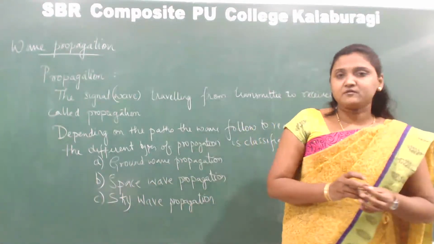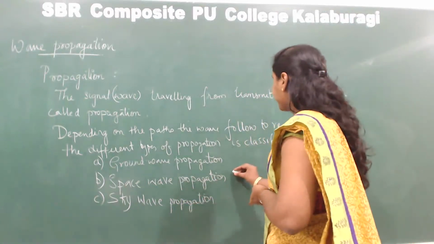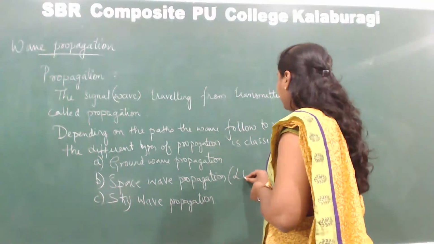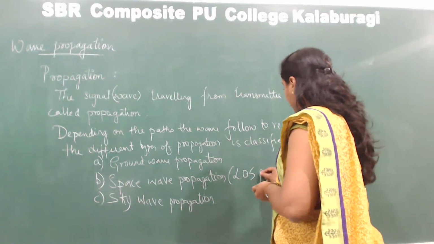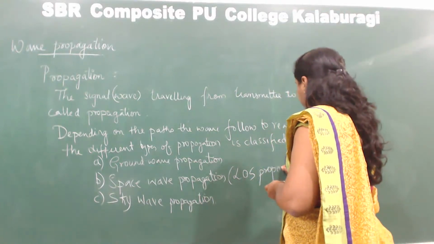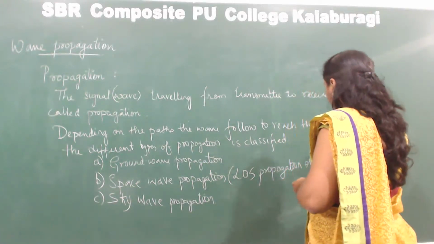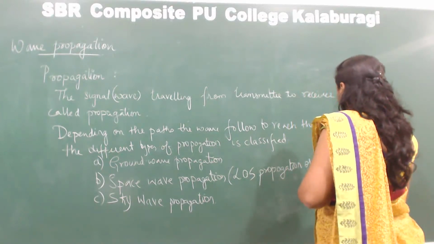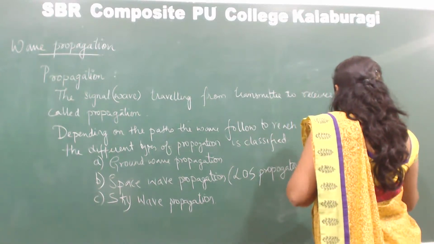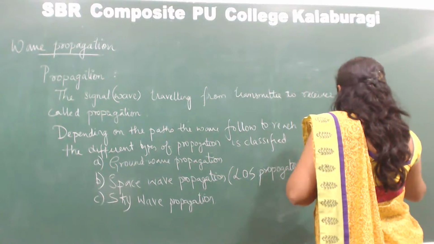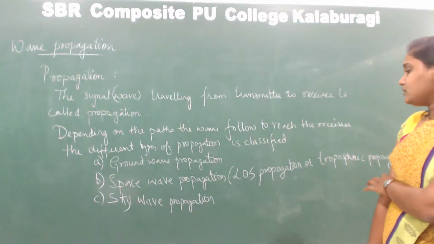The classification of types of propagation: ground wave propagation, and space wave propagation, also called line of sight propagation or tropospheric propagation.